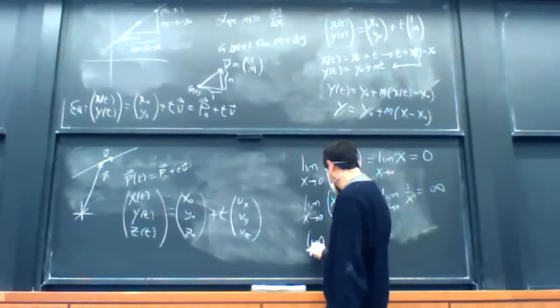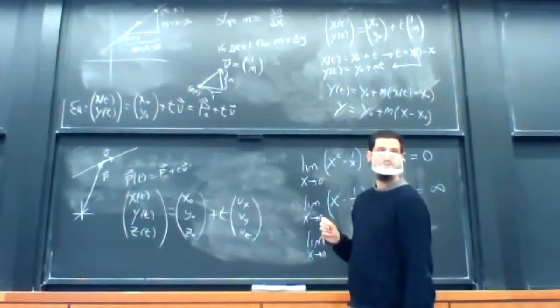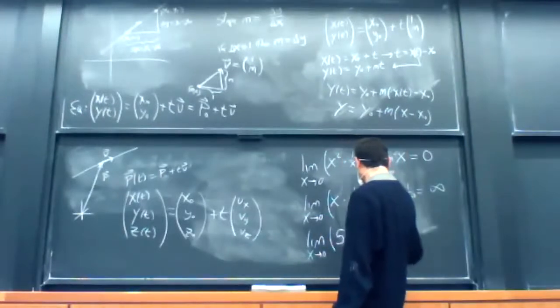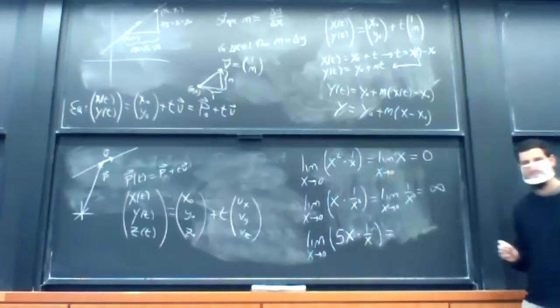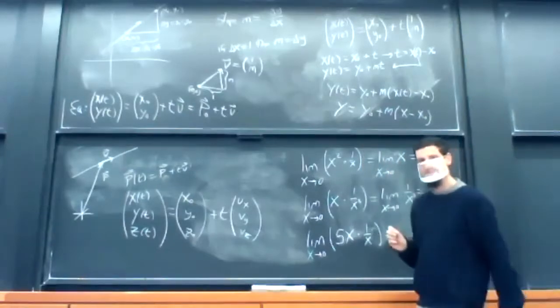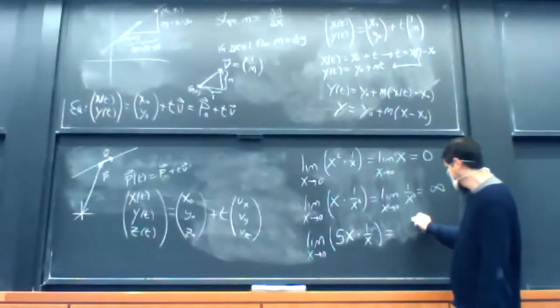If I do the limit as x goes to 0, anybody want to give me their favorite number? 5. 5x times 1 over x. What would that limit be? It would just be 5.